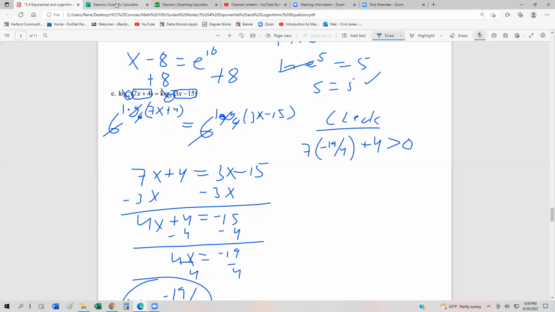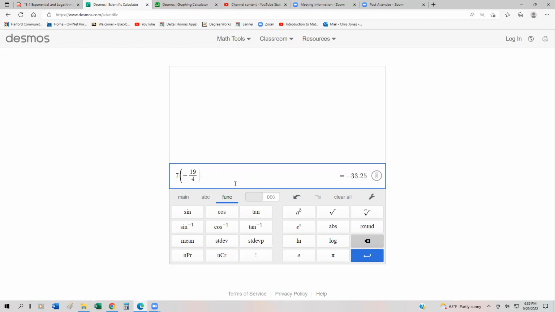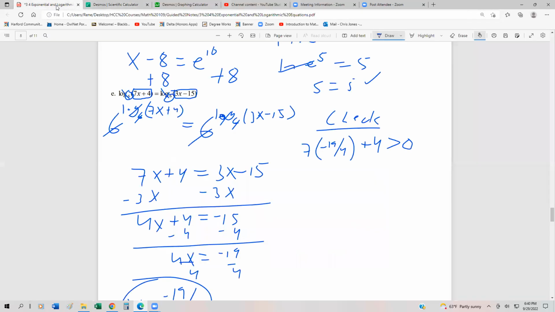So we're going to go into our scientific calculator, and let me clear this out. 7 times negative 19/4, and then we had plus 4, I believe. Now, that gives us negative 29.25. As long as I type that in correctly. So that is negative 29.25, but that is not greater than 0.